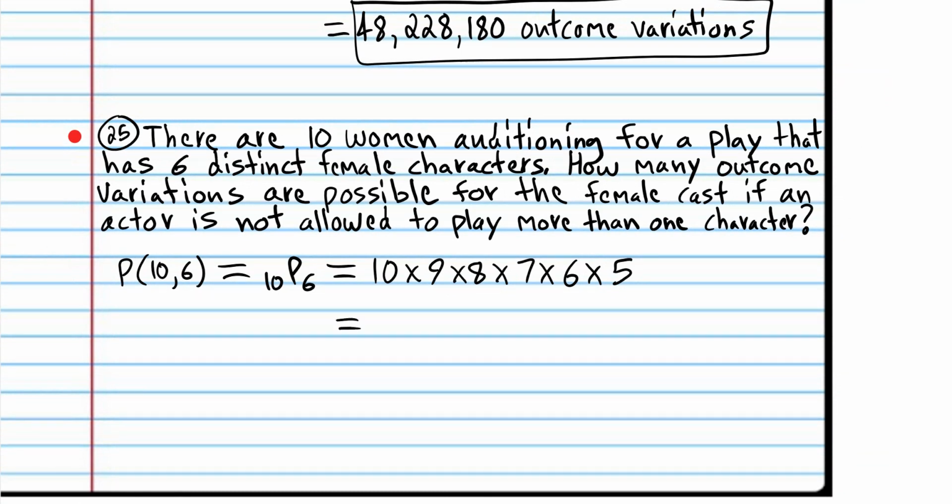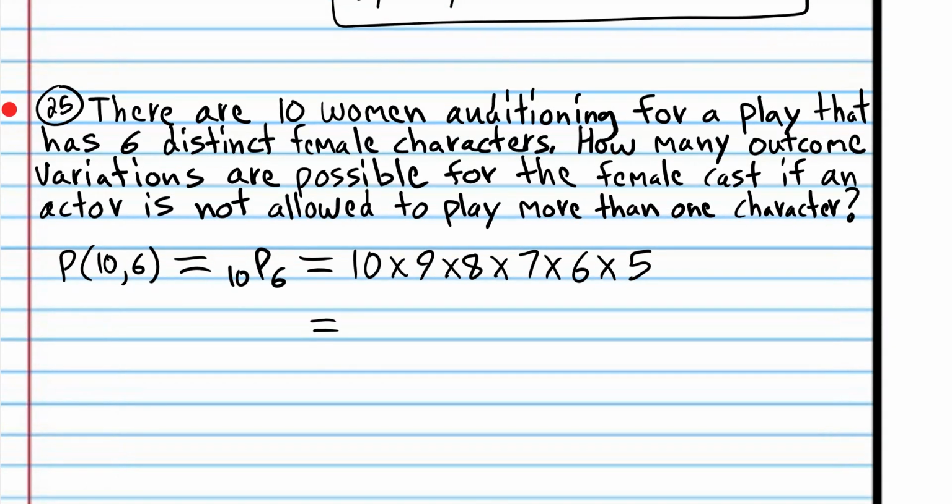So again, we're using the multiplication principle. We're not allowed to have repetition, but we are counting permutations, because let's say that the first actress is going to play a character named Wendy, and the next actress is going to play a character named Charlotte.